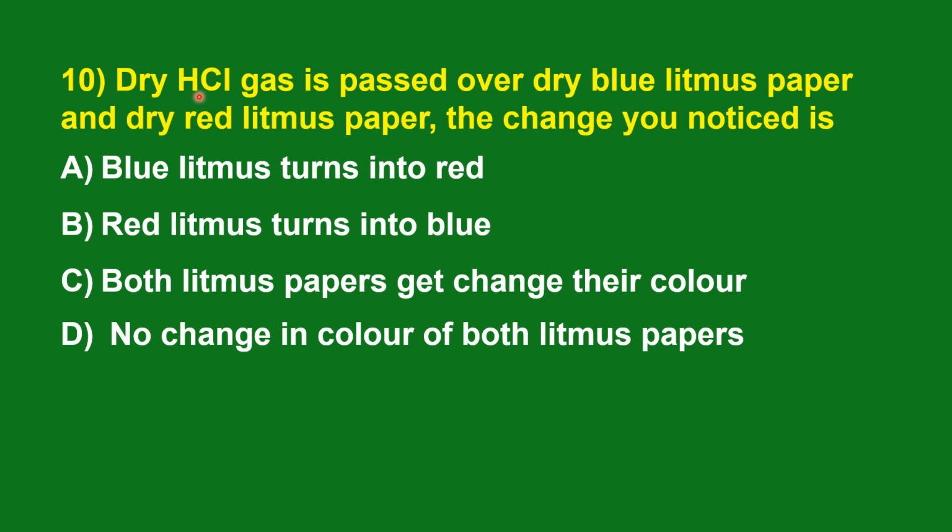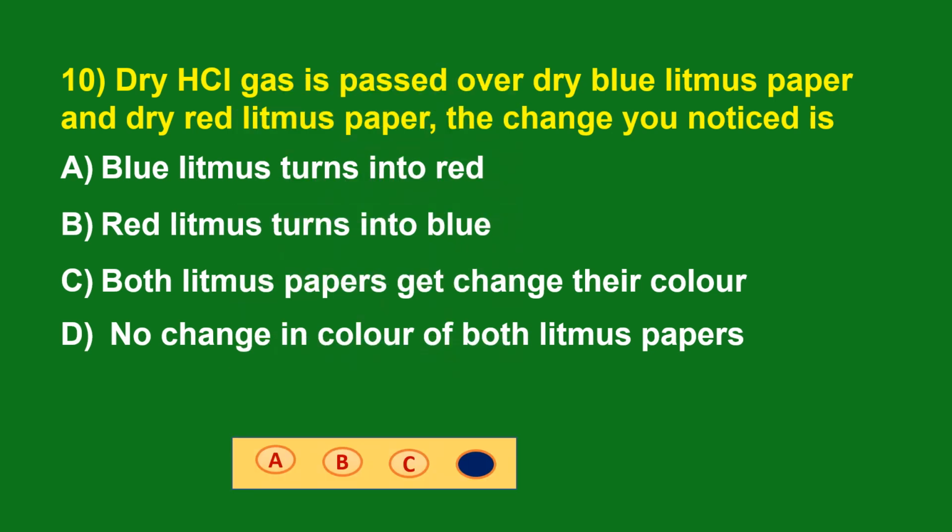So out of four options, the right answer is no change in color of both litmus papers. So option D is the right answer because no ions are formed. It is neither acidic nor basic.